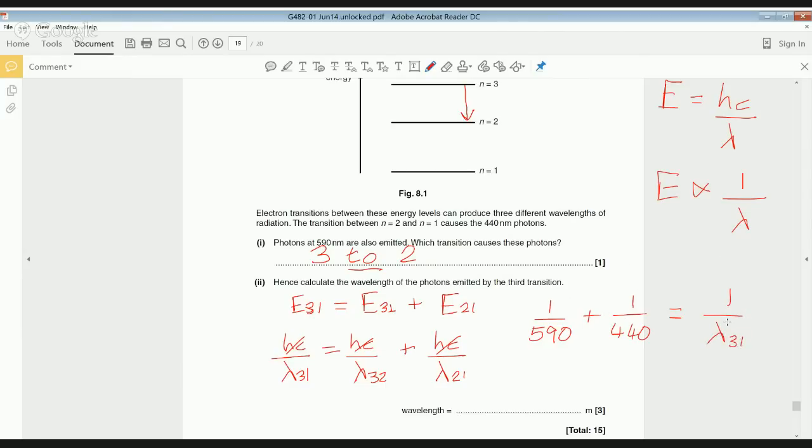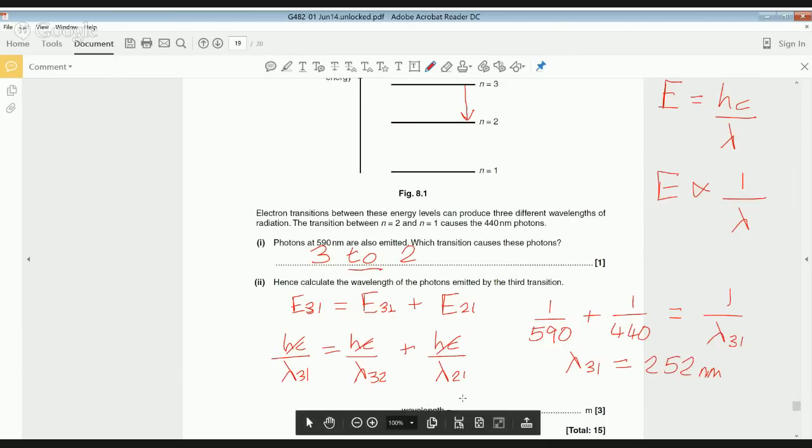So we add those together, we take the reciprocal, and we find that lambda 3 to 1 equals 252 nanometers. This one's in meters, so 252 times 10 to the minus 9.